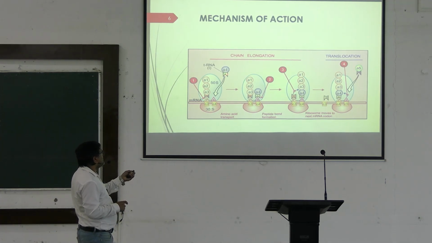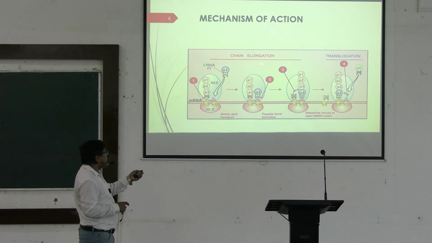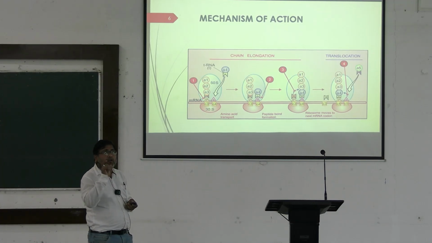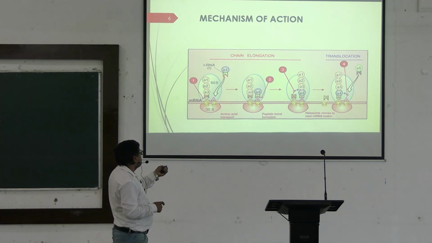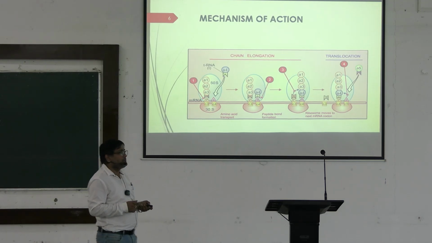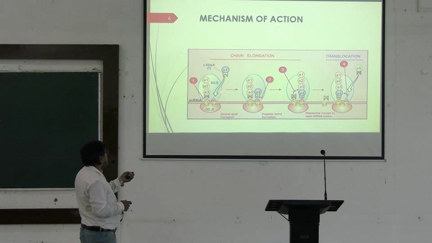Now, what is the function of the tRNA? They are complementary to the codon. So which amino acid will bind to this A site depends on the tRNA, and that is complementary to the codon. So to this A site, the nascent amino acid binds.